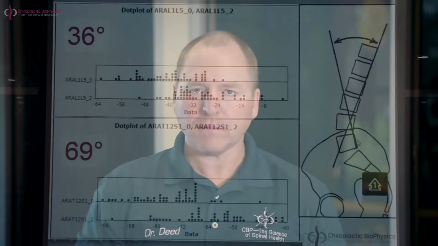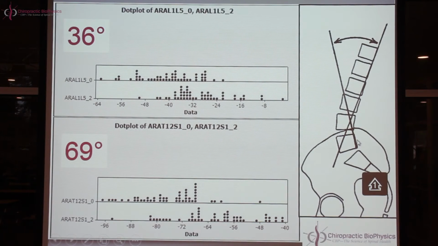Of interest, the L1 to L5 value, looking at normal subjects and chronic low back pain in this population, here's what we identified. 36 degrees is my cut point. If I look at this chart, each dot is one subject. 36 degrees is approximately here. If you're less than 36 degrees, you've got chronic back pain.